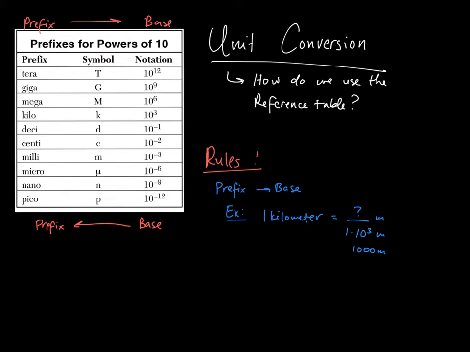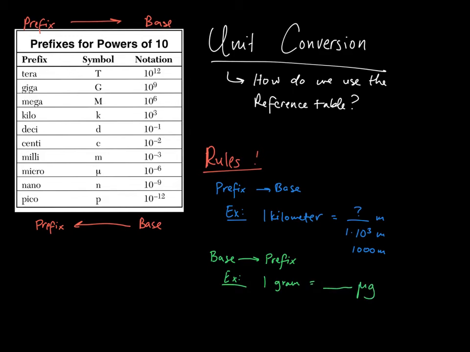Now, what happens when we want to go to the other side, from the base to the prefix? For example here, let's convert from grams to micrograms. What happens when we have 1 gram? That's our base, and we want to figure out how many micrograms that is.